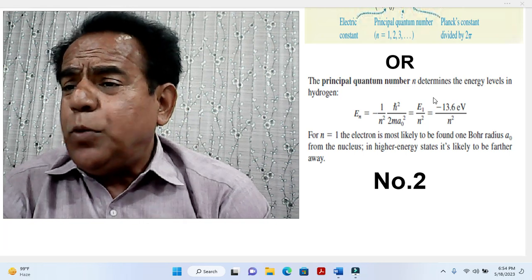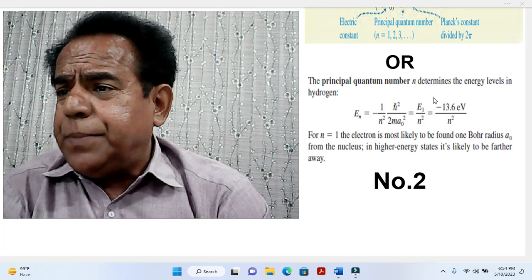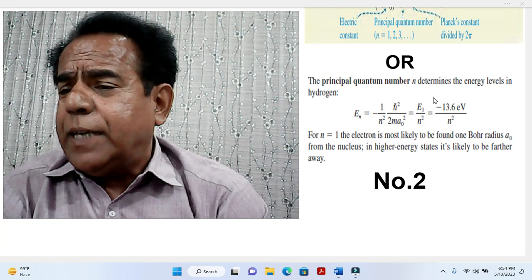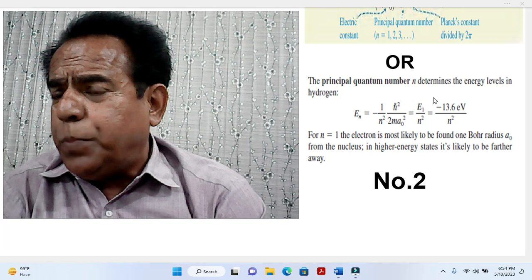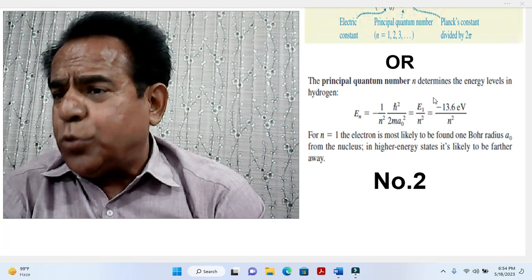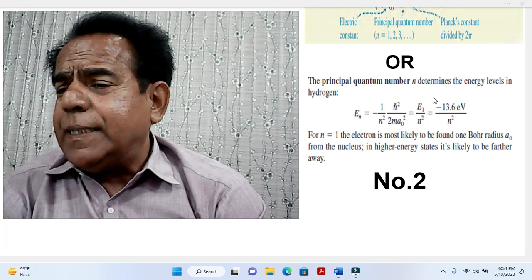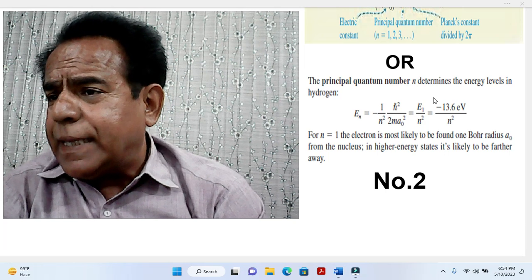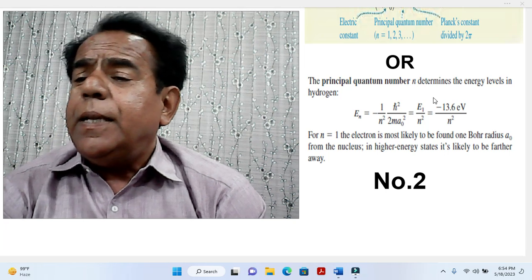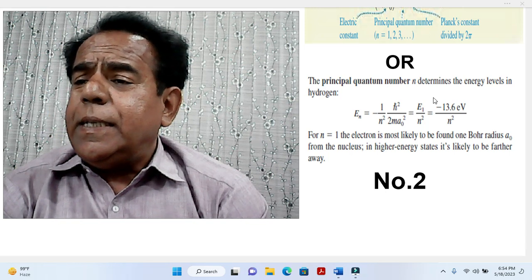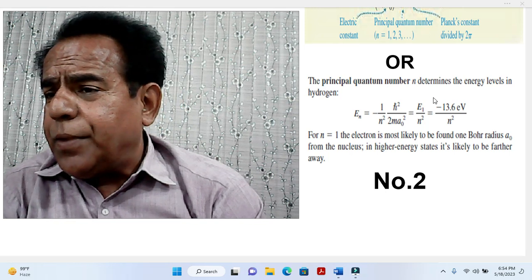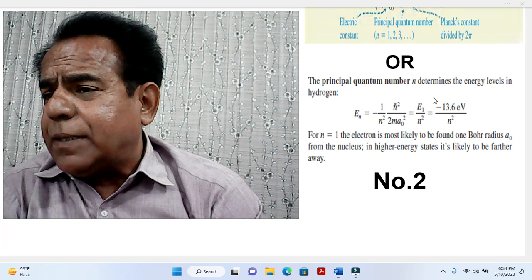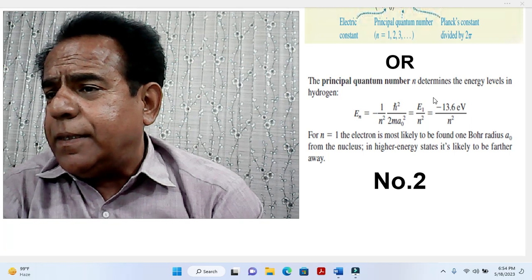The principal quantum number n determines the energy levels in hydrogen. En equal to minus so and so, and this is equivalently equal to E1 over n square, which is equivalent to minus 13.6 electron volt over n square.